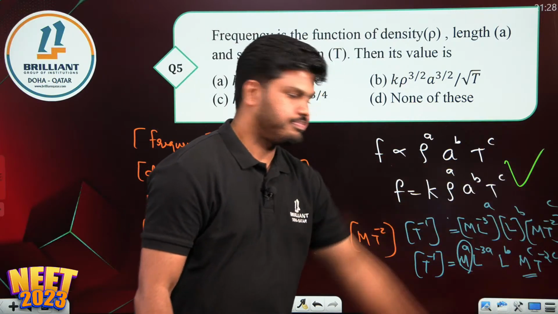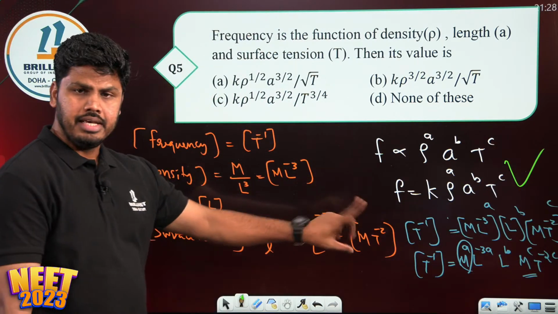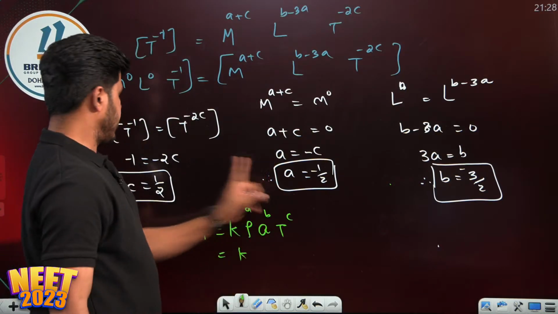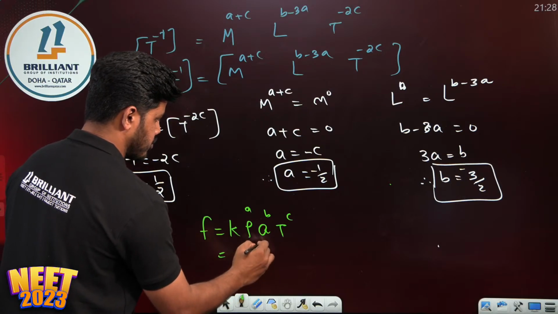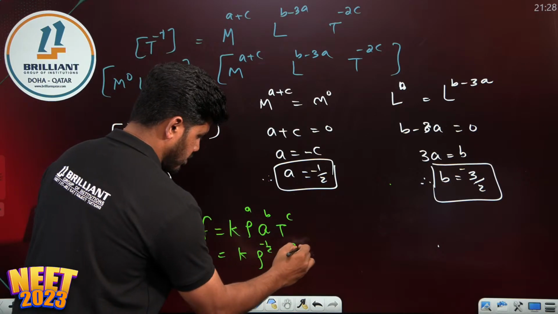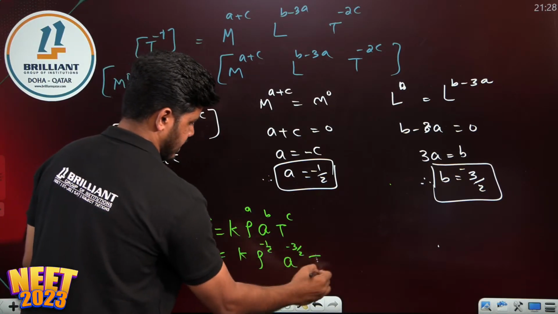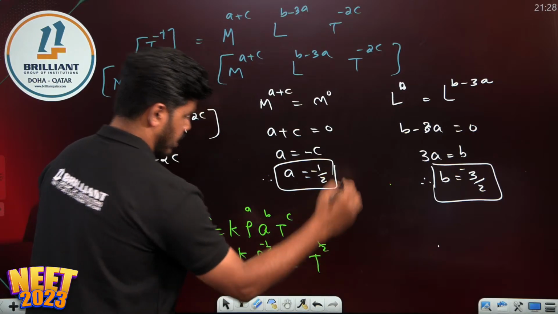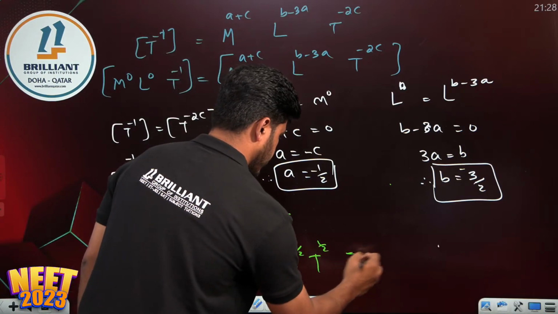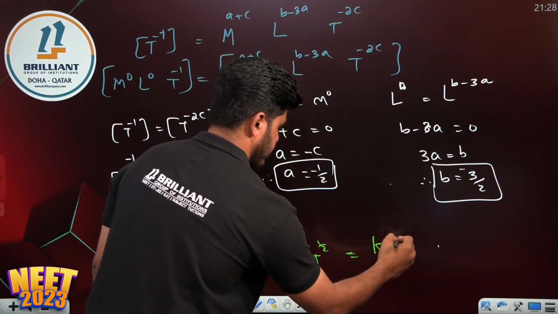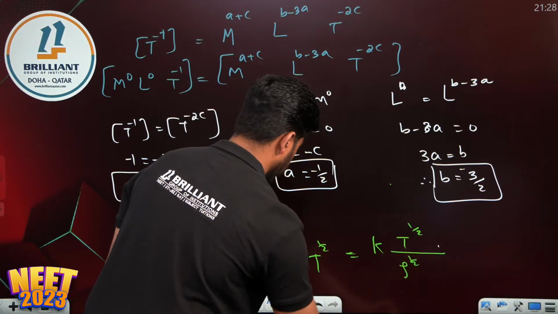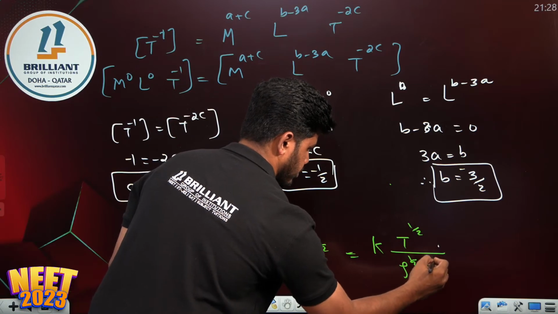Substitute a, b and c respectively, then we get F is equal to k into density raised to minus 1 by 2, length raised to minus 3 by 2, and surface tension raised to 1 by 2. Okay, so the equation is supposed to be k into T raised to 1 by 2 divided by rho raised to 1 by 2 into a raised to 3 by 2.